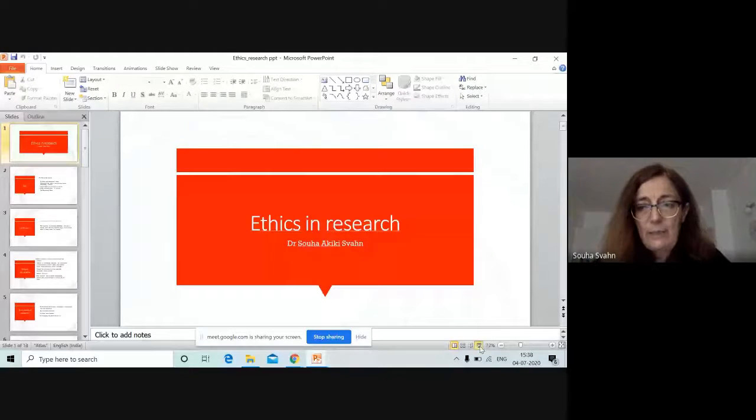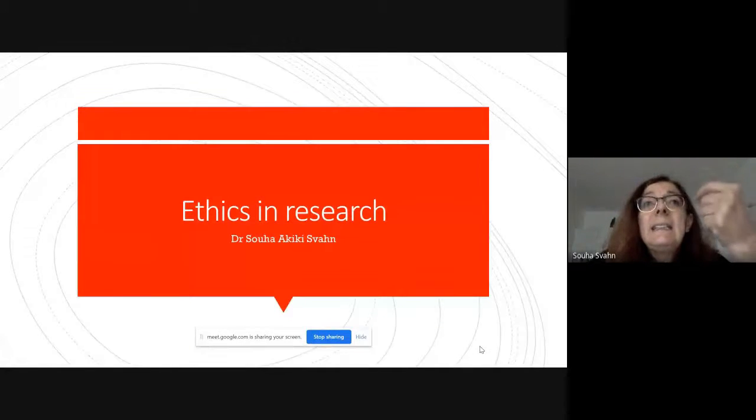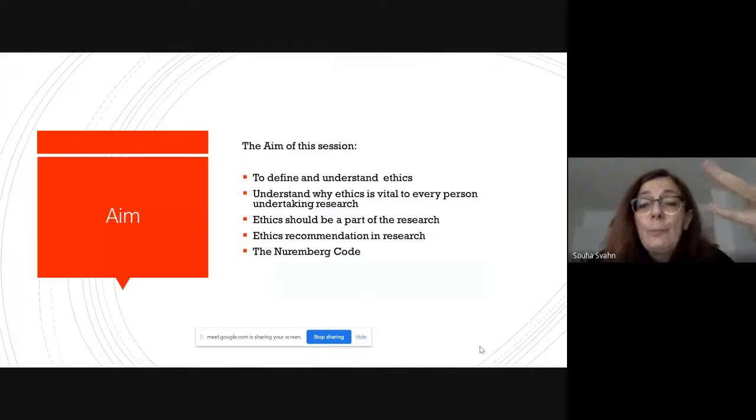After, we have to understand why ethics is important and why ethics is vital for research. And of course, we will go to the Nuremberg Code at the end because of human experimentation. The Nuremberg Code is from 1947. I think you've heard of it. If not, I put the 10 articles at the end of the presentation.